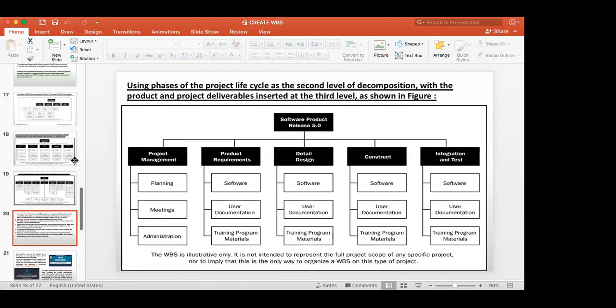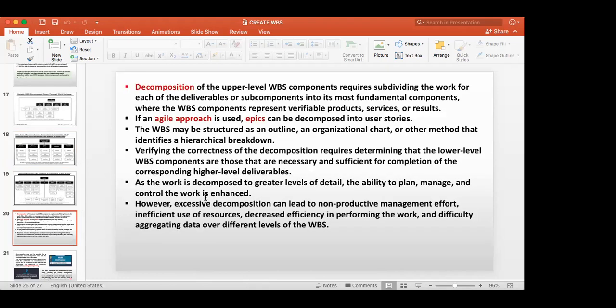It is also mentioned in the decomposition: however, as the work is decomposed to a greater level of detail, the ability to plan, manage and control the work is enhanced. However, excessive decomposition can lead to non-productive management effort, inefficient use of resources, decreased efficiency in performing the work, and difficulty aggregating data over different levels of the WBS.